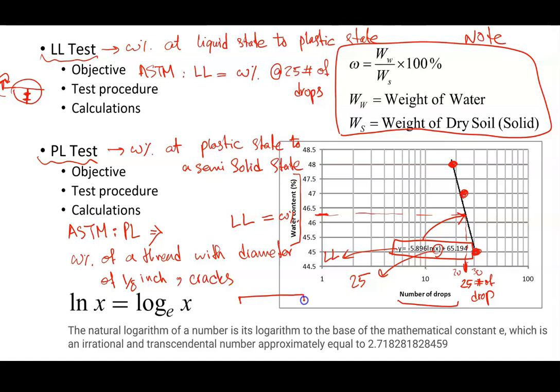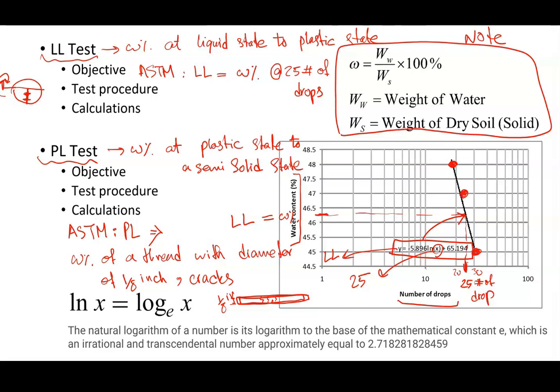So you rolled your sample into a thread and took samples from the area where cracks are starting to appear and then calculated the moisture content of that sample.